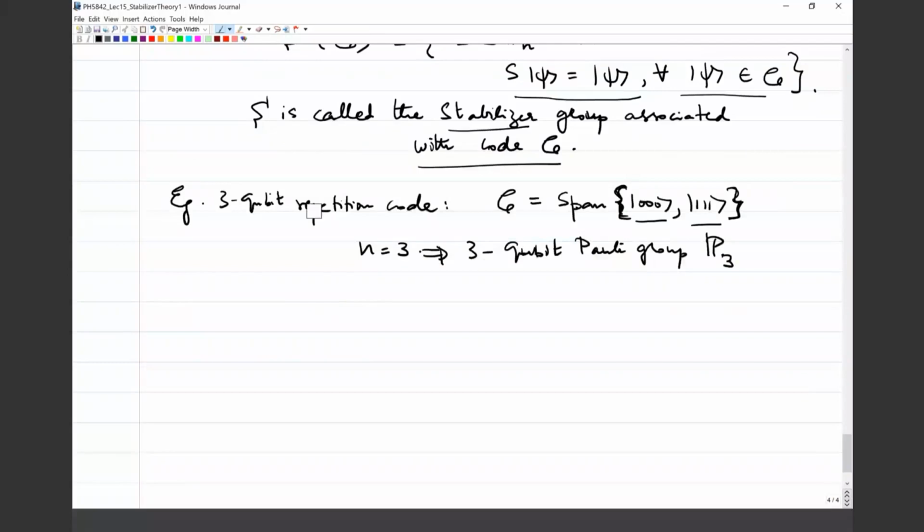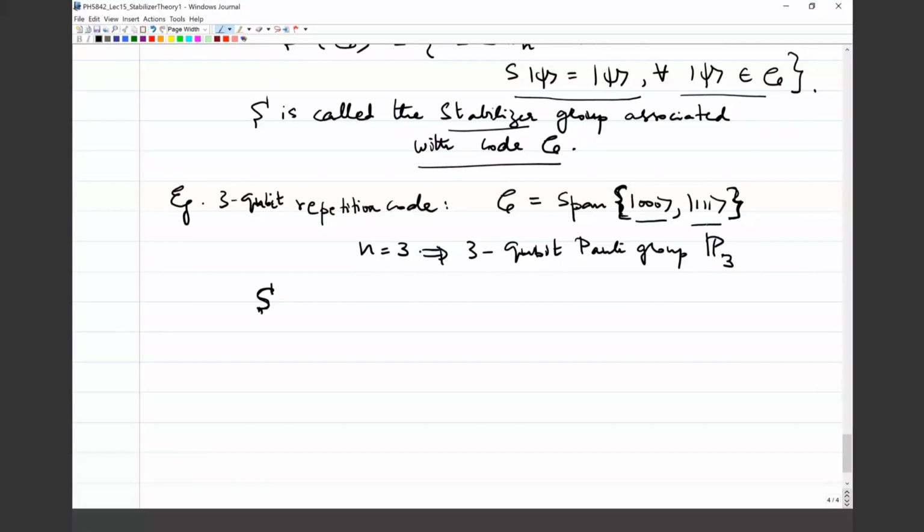So which are these operators? First of all, I want to now construct this set S of Pauli operators which are going to leave both these states invariant.